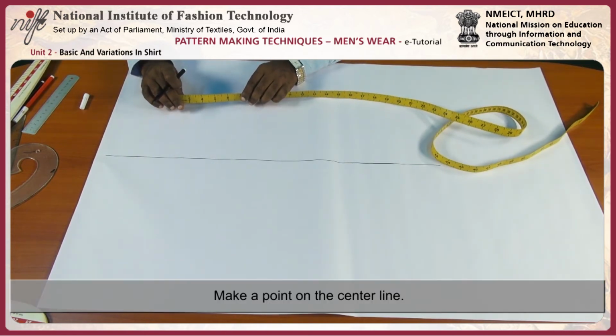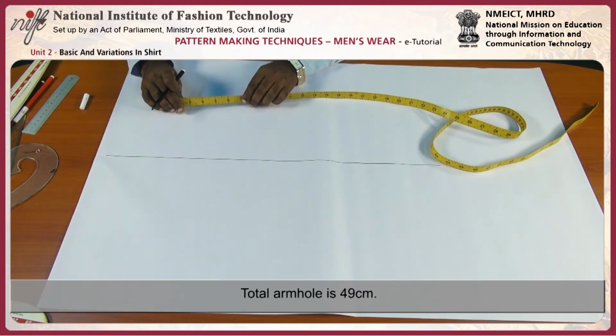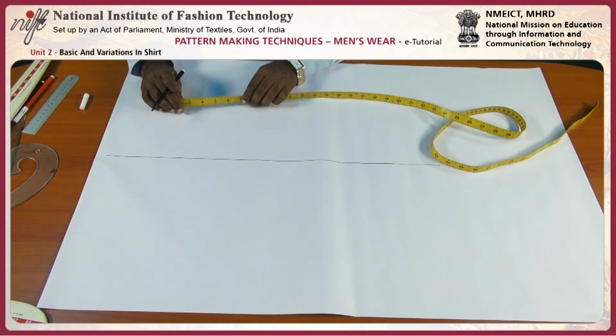Front sleeve: make a point A on the center line and draw a perpendicular line from point A and mark point B after measuring the length using the formula half armhole circumference minus 3 centimeter. Here the total armhole is 49 centimeter divided by 2 will be 24.5 minus 3 centimeter is equal to 21.5 centimeter.